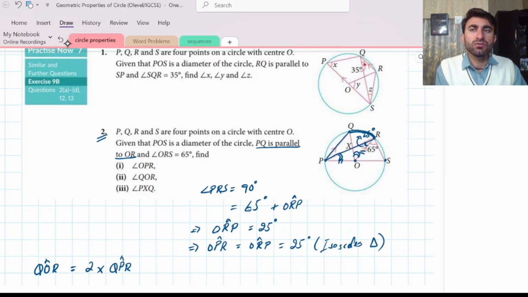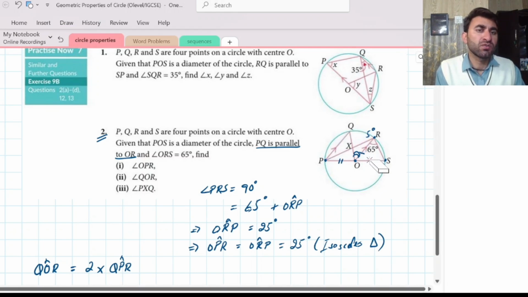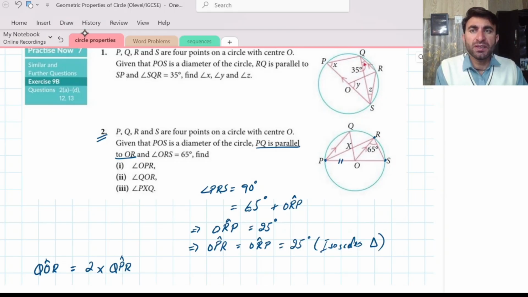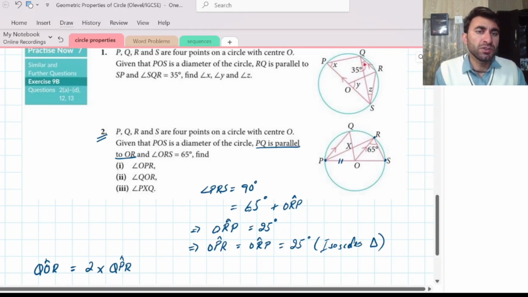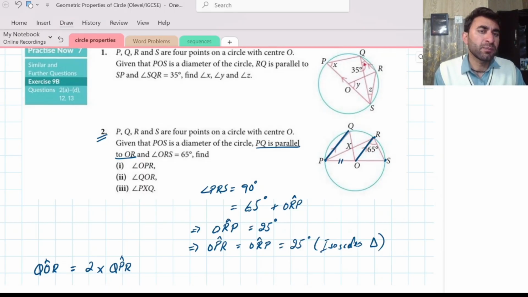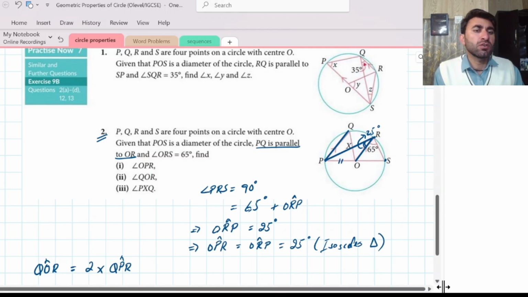As we know, the two lines over here, QP and OR, are parallel. So the line segment PR which passes through these two parallel lines will act as a transversal. So if the angle over here was 25 degrees, the angle QPR is alternate to that.